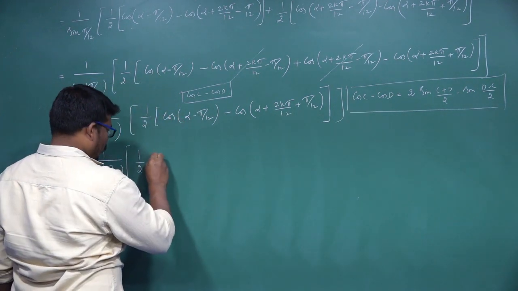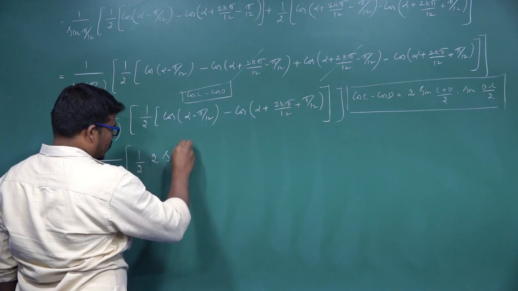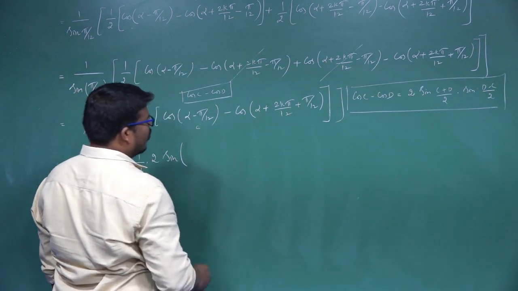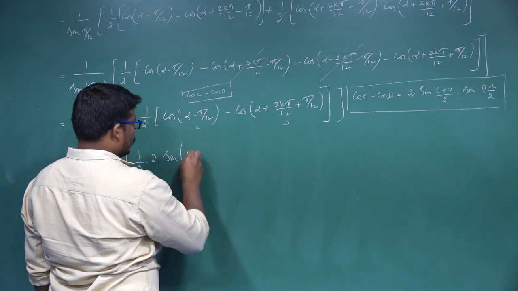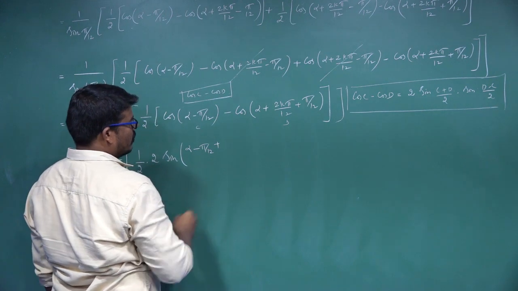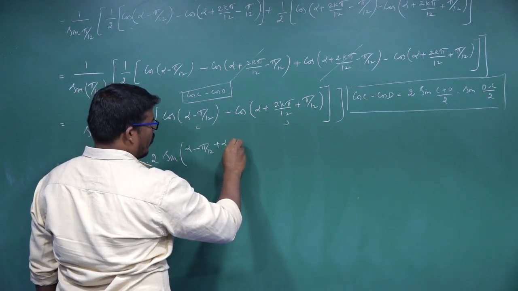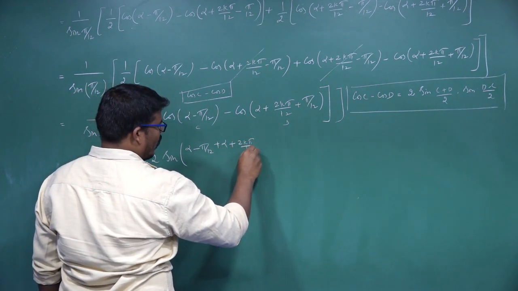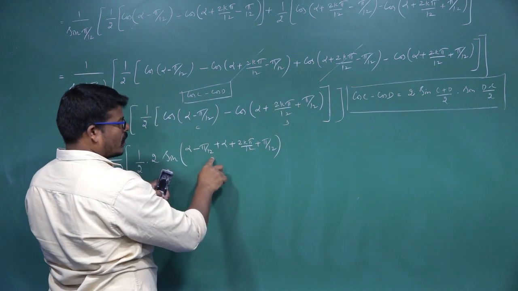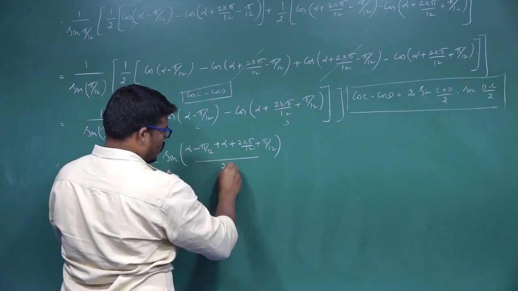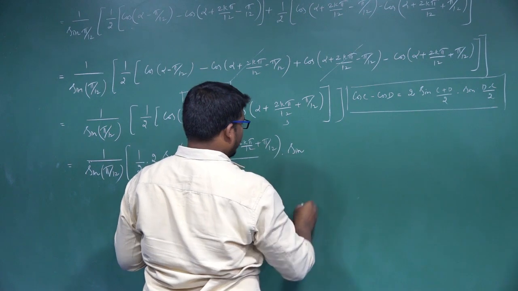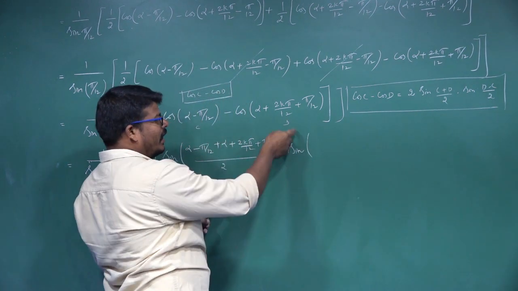Here c plus d is alpha minus pi by 2 plus alpha plus 2k pi by 12 plus pi by 12, sin of c plus d by 2, into sin of d minus c by 2.